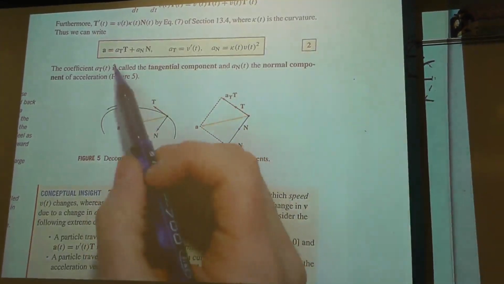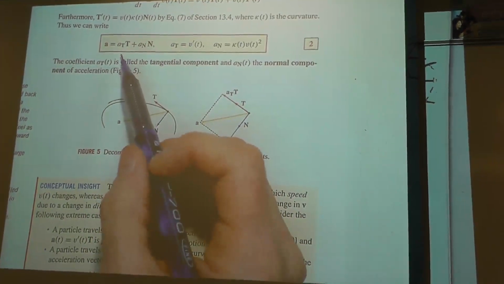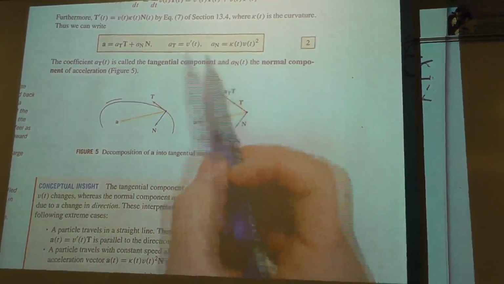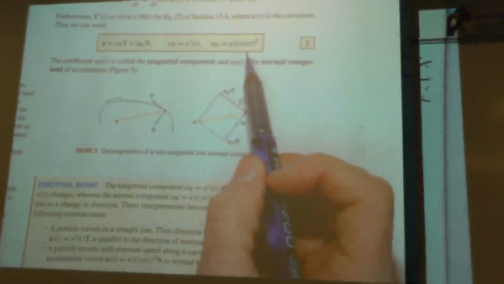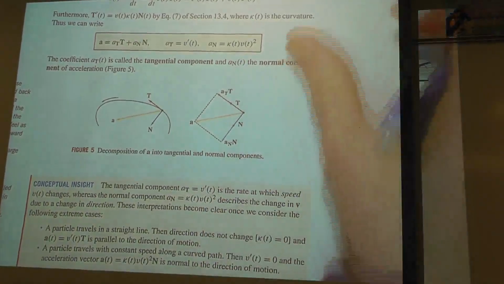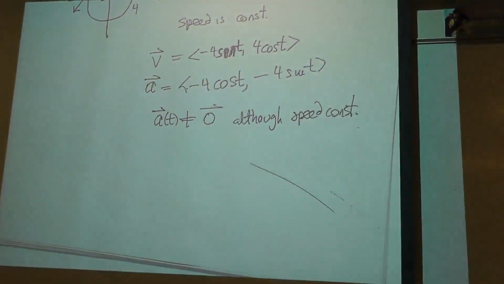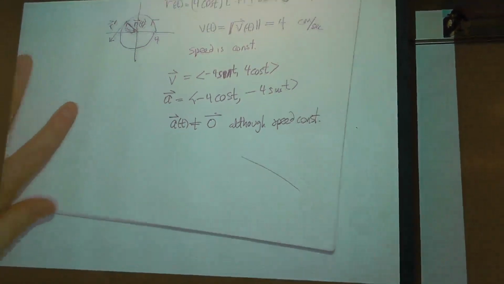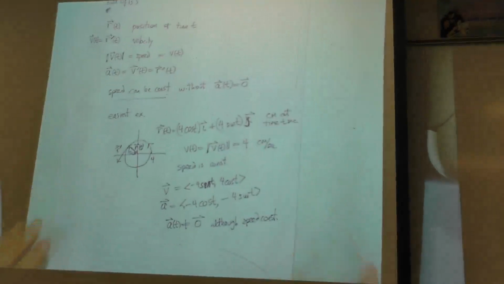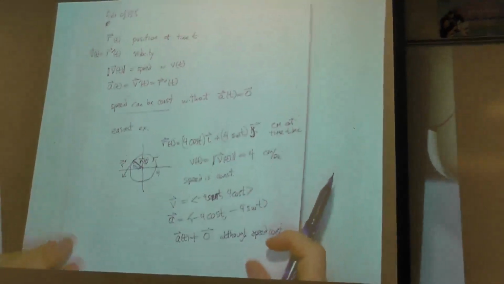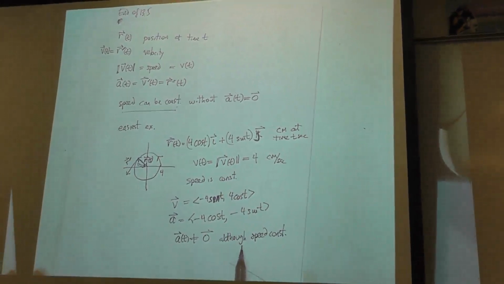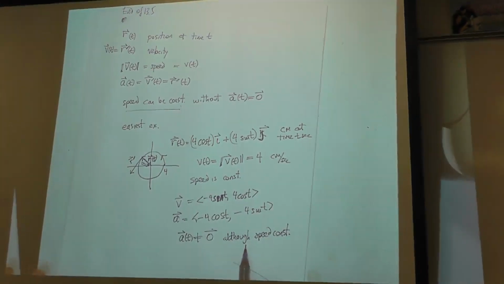And therefore, the tangential component of acceleration is non-existent. All of the acceleration is in the normal direction. And this is just kind of a specific example of this. So we have something with constant speed, but the acceleration is clearly not the zero vector.